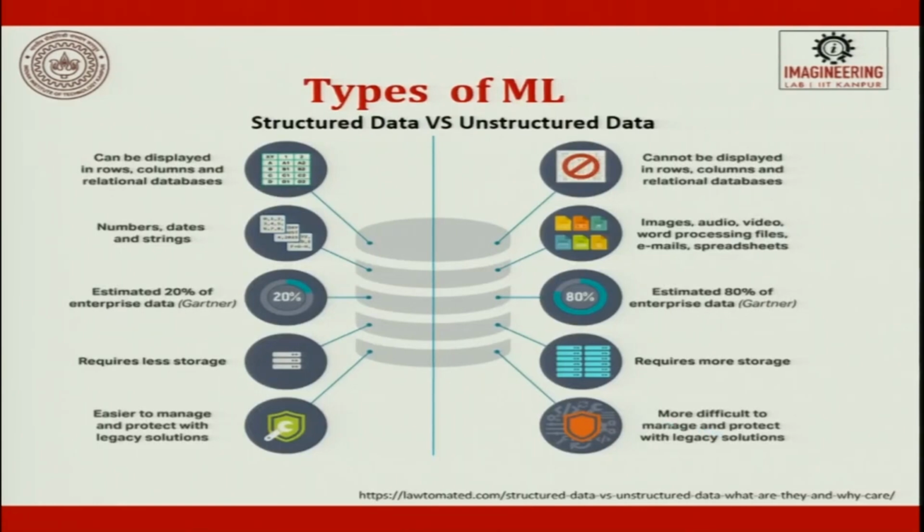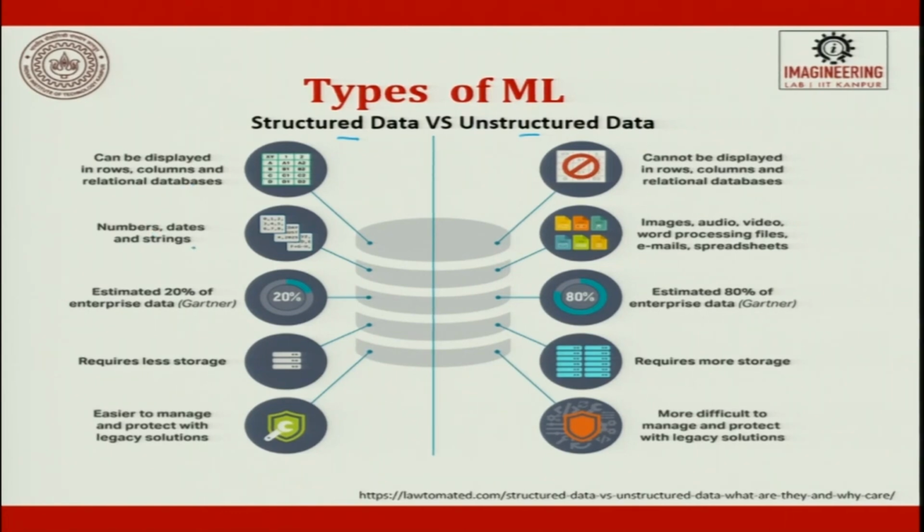So, when we talk about structured data and unstructured data, it might go in your mind, what is this unstructured data? When we talk about structured data, here what happens, you are able to store the data in an Excel file. You have multiple rows and columns. So, now there can be an interaction established between the row and column, displayed in rows and columns and a relational database.